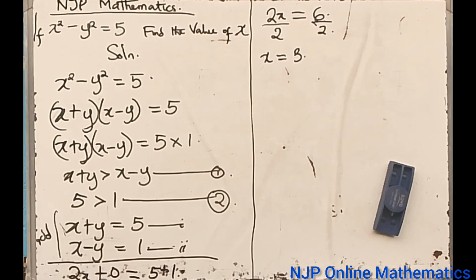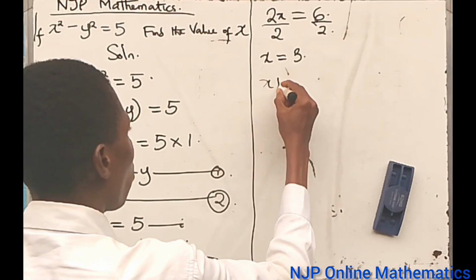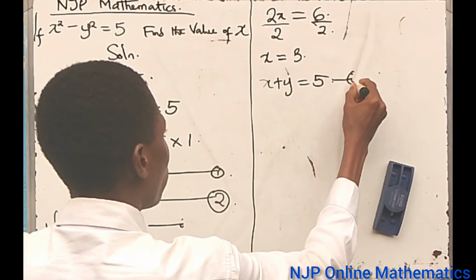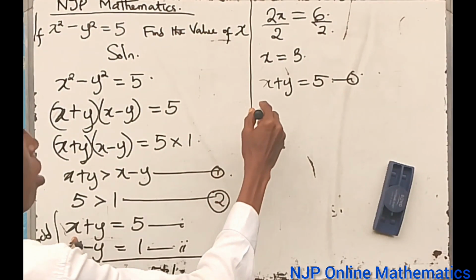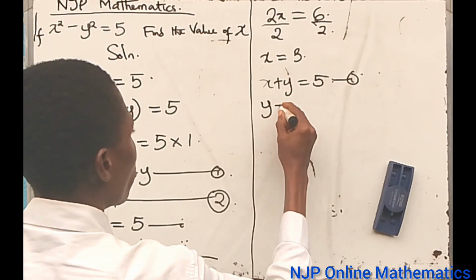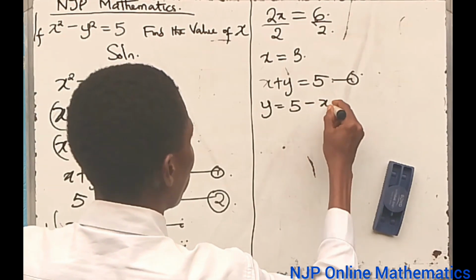But we can still continue by finding the value of y. To have the value of y, we have to make y the subject of the formula from one of these equations. So let's take x plus y equals 5, that was the first equation. From here, we make y the subject of the formula by transposing, and y equals 5 minus x.